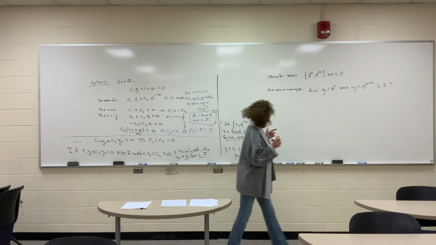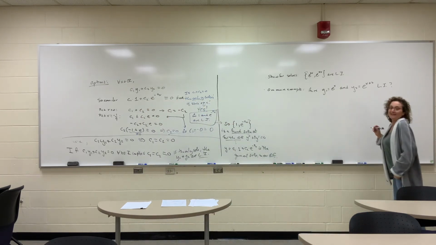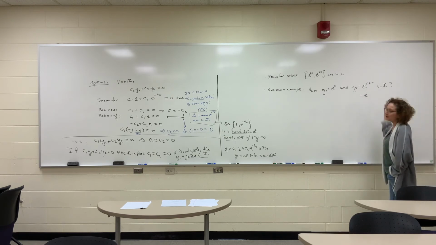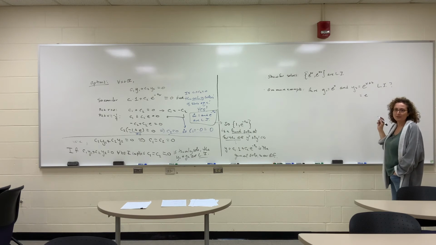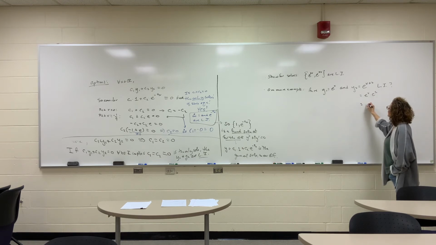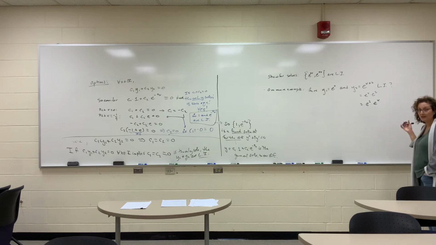I hear you out there. What are you saying? Yeah, hey, look at this guy. e to the x plus 2, what's the algebra? What's exponential algebra? That's the same as e to the x times e to the 2, right? That's the same as e squared times e to the x, yes? I can write it in either order.